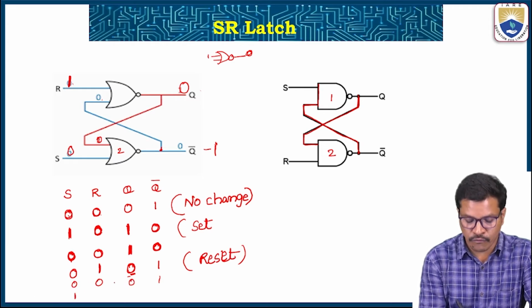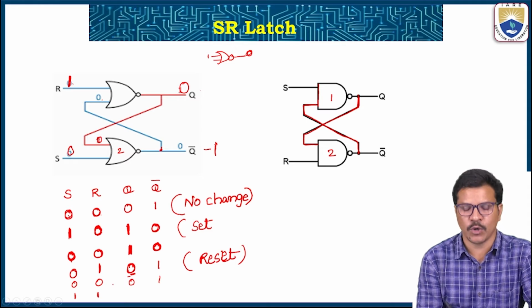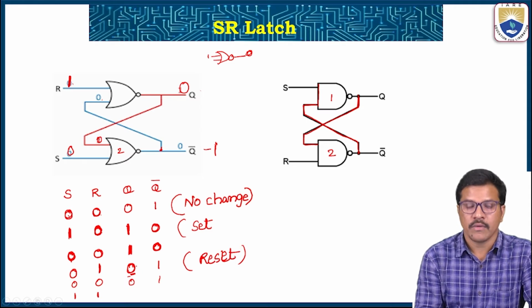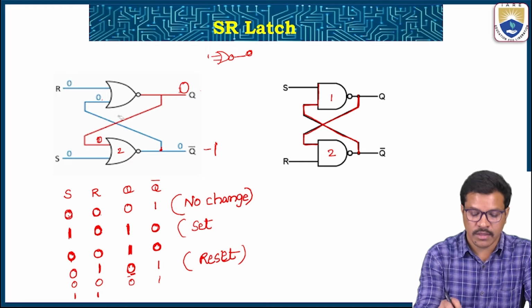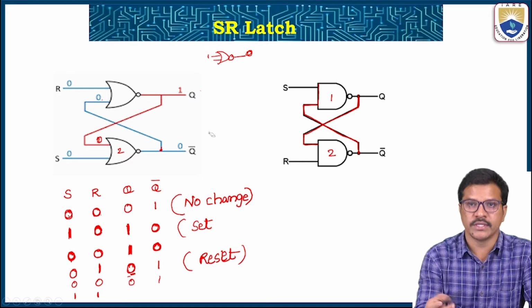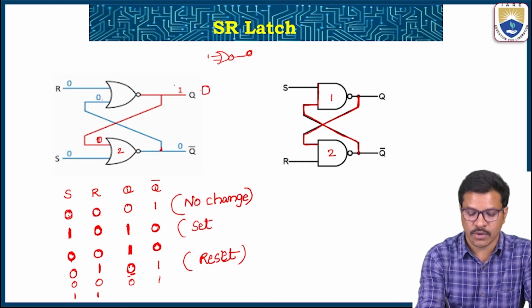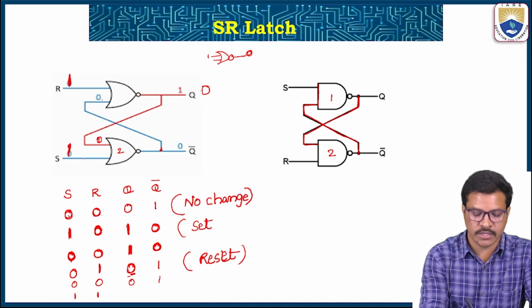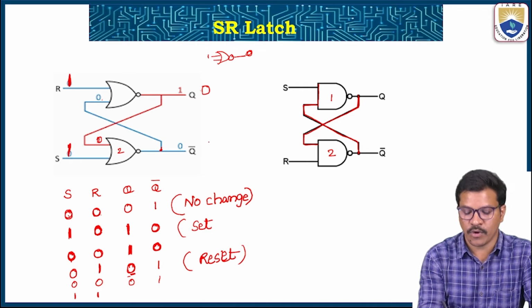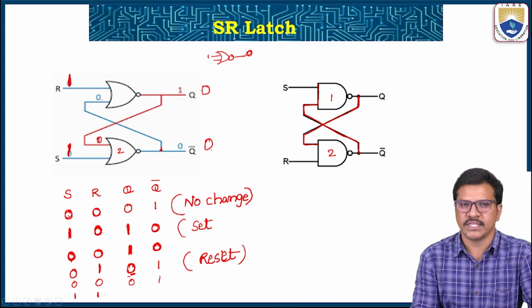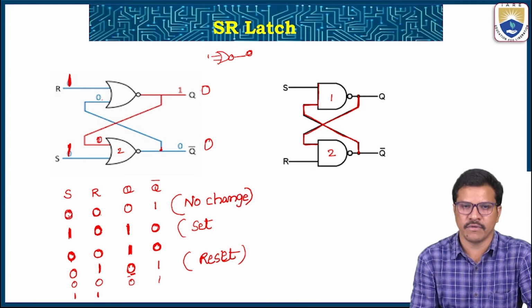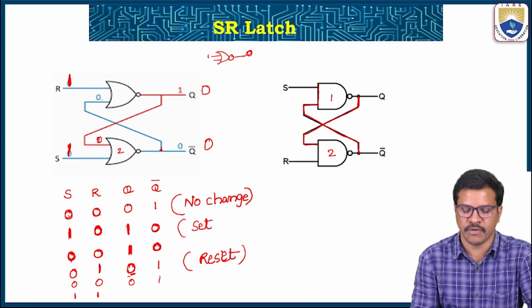And again if I turn S equal to 1 and R equal to 1, we know that if one input is 1, the NOR gate output is 0. So if S is equal to 1 and R is equal to 1, immediately the output value is 0, 0, but it violates the condition of sequential circuits like latches and flip-flops.